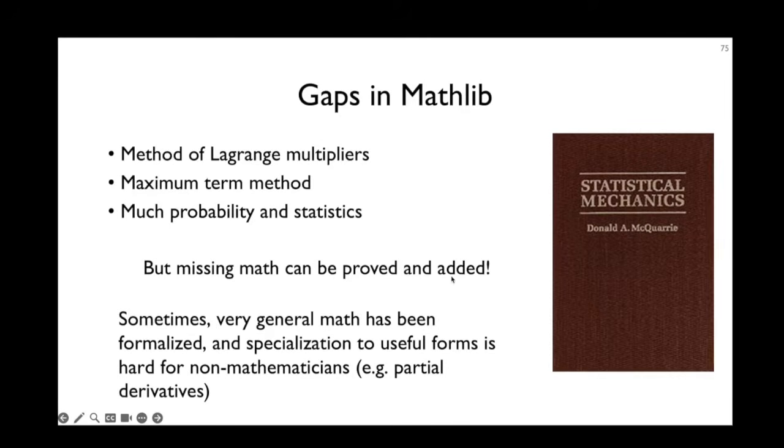Another thing that I've been learning is sometimes mathlib has stuff, but it's just not in a form that's easy for non-mathematicians to use. And partial derivatives is an example of this, where non-mathematicians learn partial derivatives in Calc 2 or Calc 3 in a bit more of a hand-wavy sense than they're rigorously defined using a much more general Fréchet derivative that mathlib has.